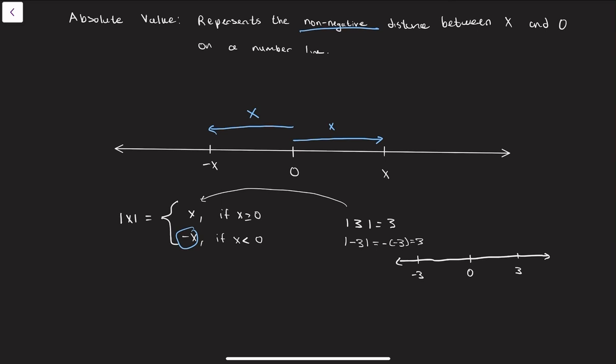It might look trippy at first, so why are we breaking this down? But we need to have our values always defined as positive for an absolute value, because the absolute value can never be negative. On the number line, that looks like this. This is the value of 3, representing the non-negative distance between some values.